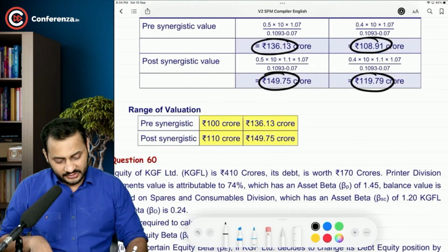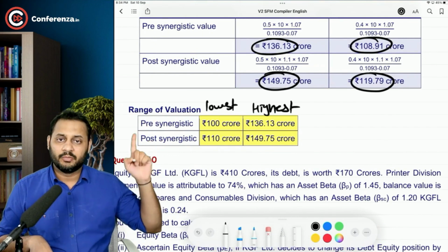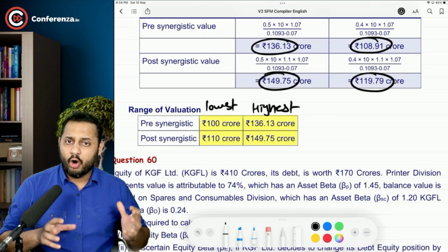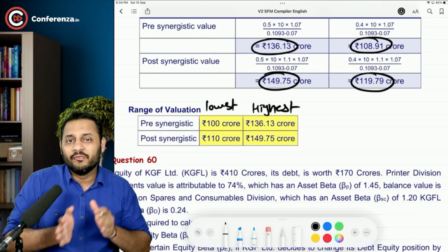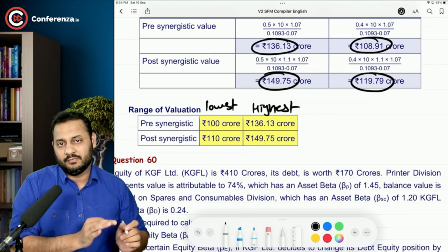What they have taken is the lowest in pre-synergy and highest in pre-synergy, plus lowest in post-synergy, highest in post-synergy. That's it. All the other values that we have left come in between the lowest and the highest range. So this becomes the range of KLM.